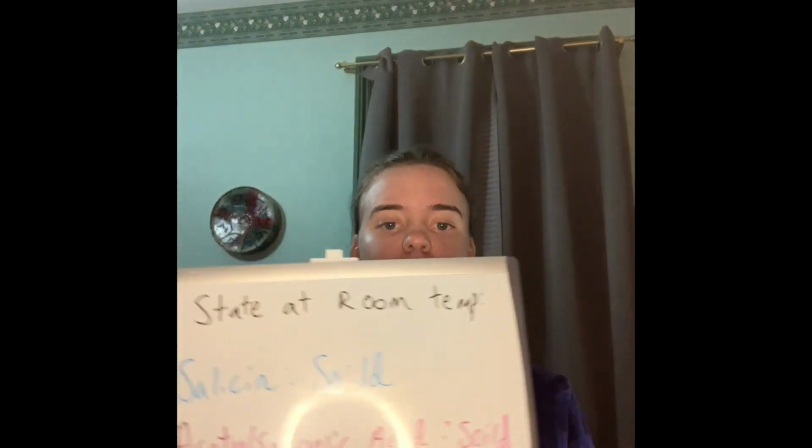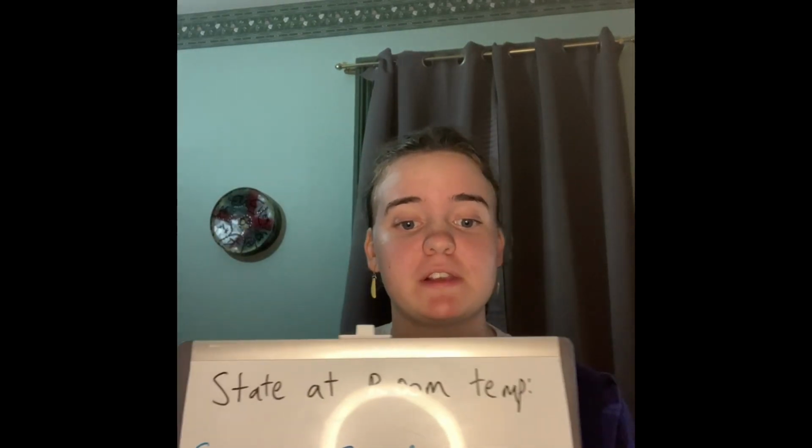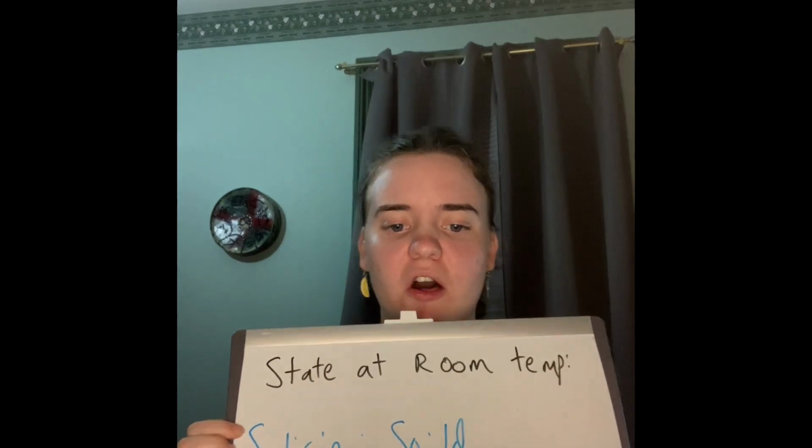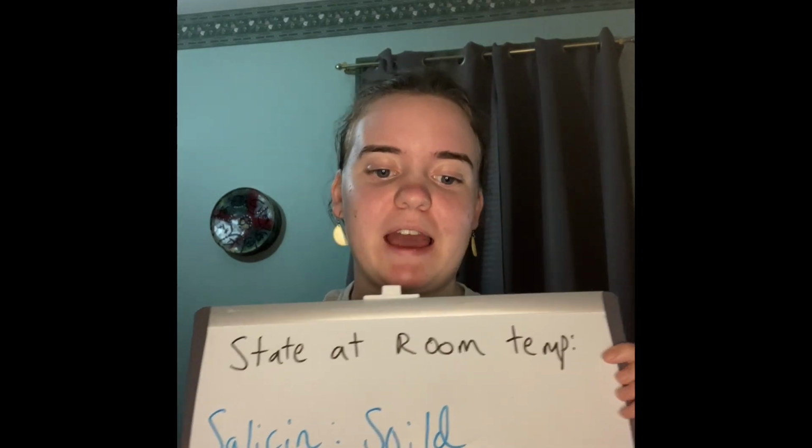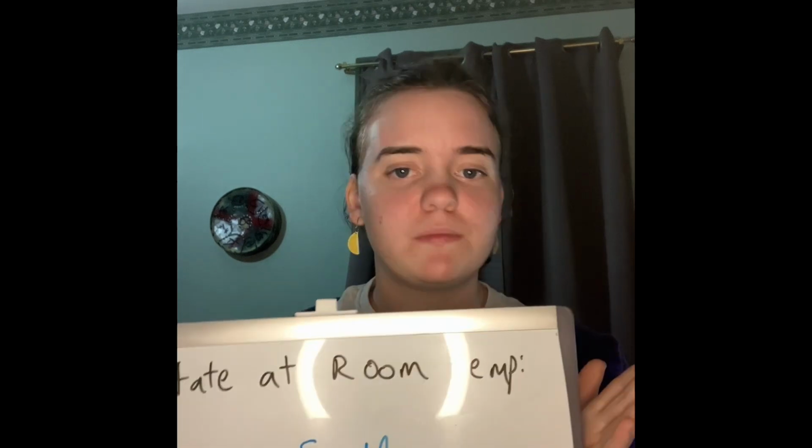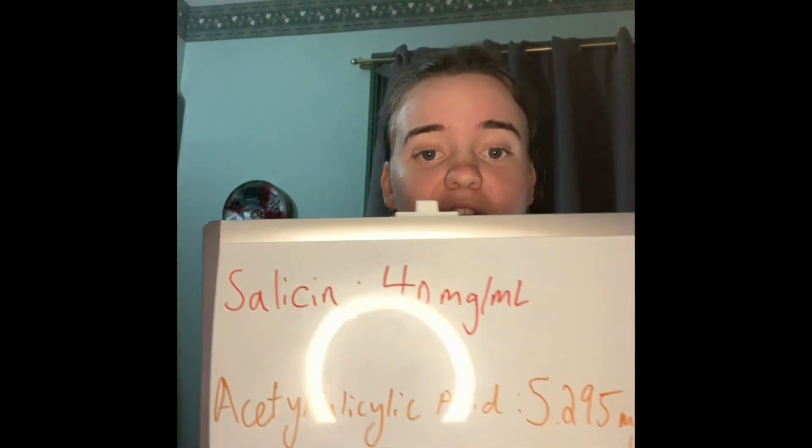And now to look at their state at room temperature. I wrote it down: salicin is a solid, a powder at room temperature. And acetylsalicylic acid is a white crystal at room temperature, which I think you can grind into a powder. And now we'll take a quick look at solubility.